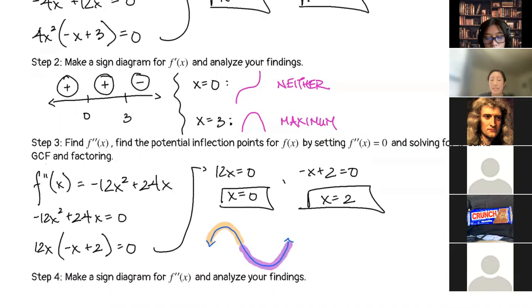But when does it stop being orange and start being purple? That is what an inflection point is. The moment it stops being orange and it starts being purple, those are inflection points.